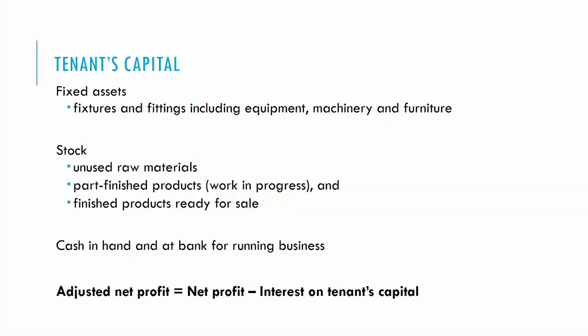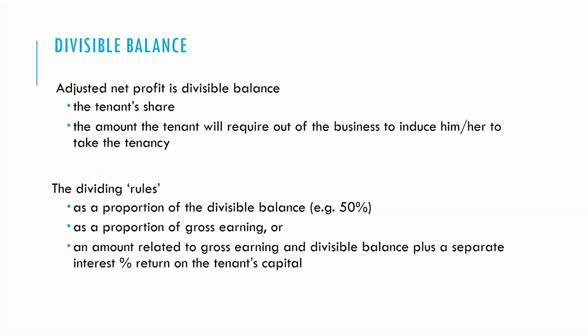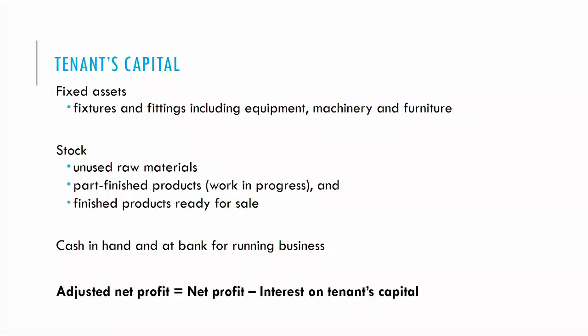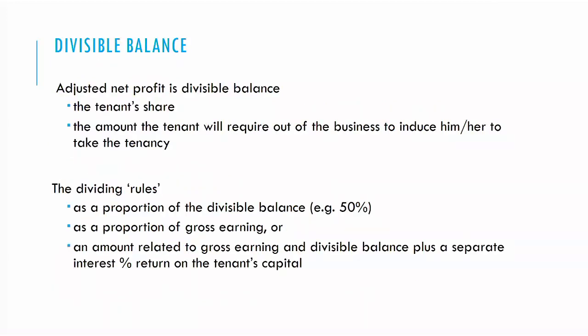Adjusted net profit equals net profit minus interest on the tenant's capital. Right. That is the divisible balance. The adjusted net profit is the divisible balance, and it includes the tenant's share and the amount the tenant will require out of the business to induce him to take the tenancy.